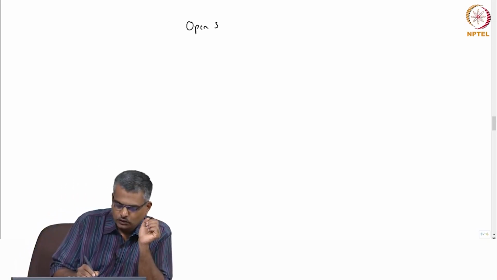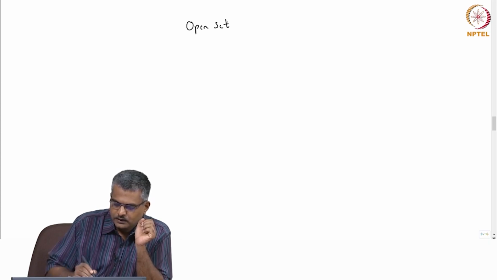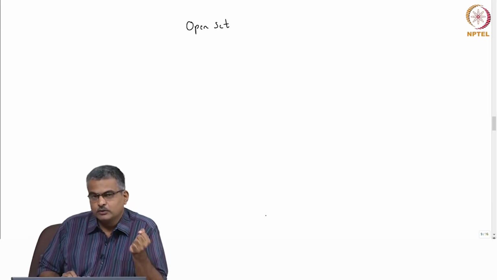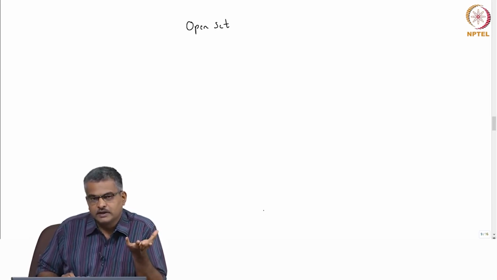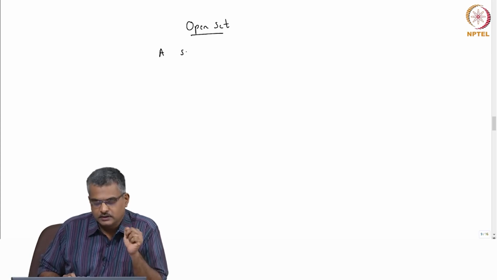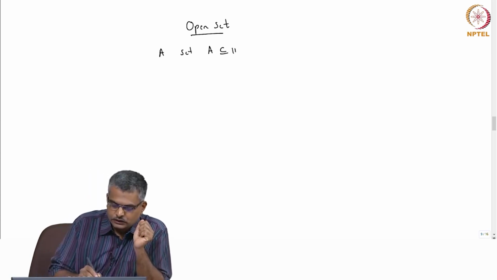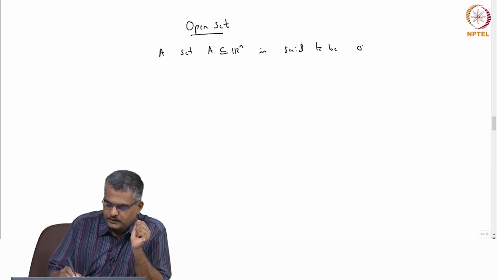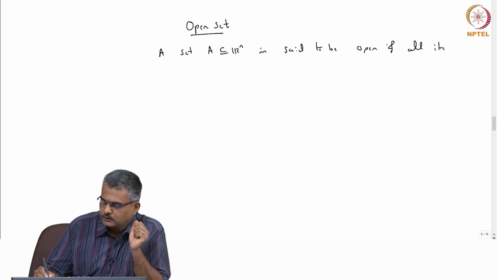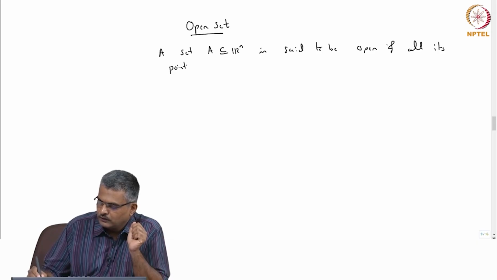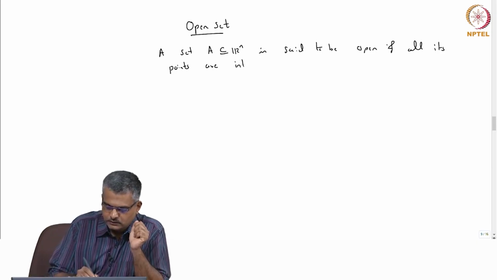So, now we are in a position to define the notion of an open set. We earlier gave a definition of open set as if you can find an open ball which is contained in the set A. So, a set A is said to be open if all its points are interior points.